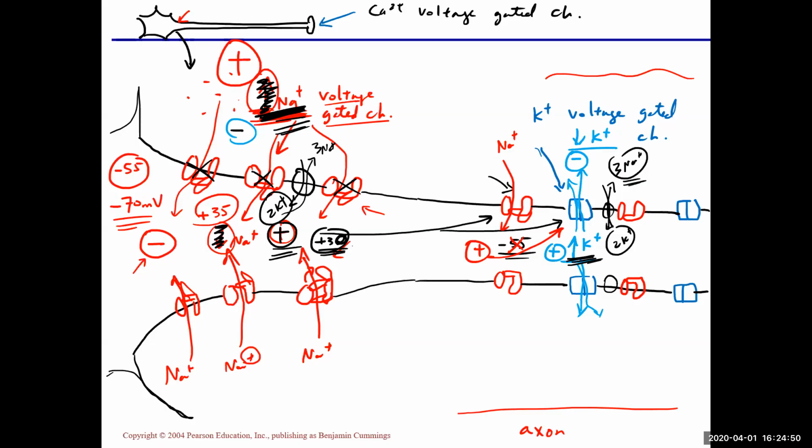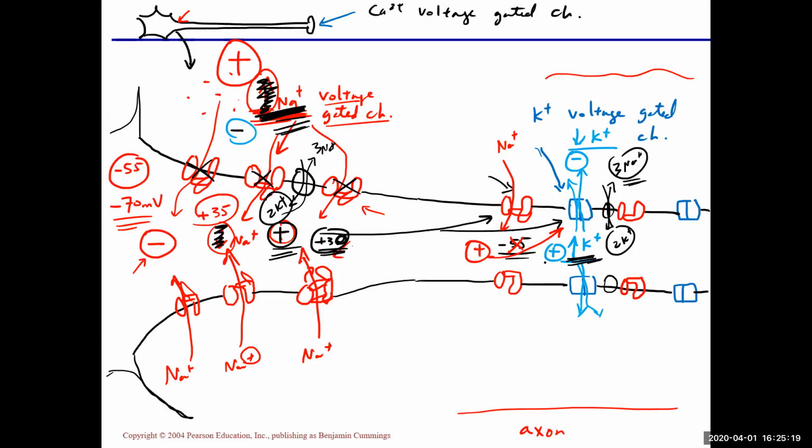Leak channels are always open, and they go from high to low concentration. So all of this is at work, and the sodium potassium pump is extremely important to rebalance and restore everything so that the signal can go again and the stimulus can trigger the action potential to move right along. All right, so everything repeats.